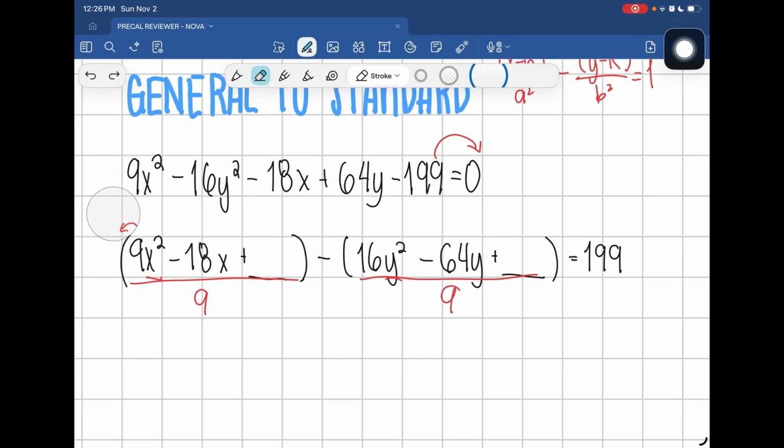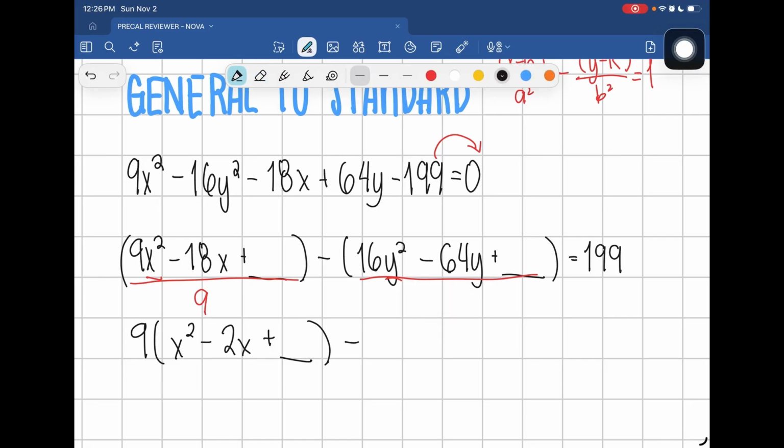So 9 divided by 9 is equal to 1. So 1 times x squared minus 18x divided by 9 becomes 2x, plus blank. Next, in order to isolate y squared, we have to divide by 16.